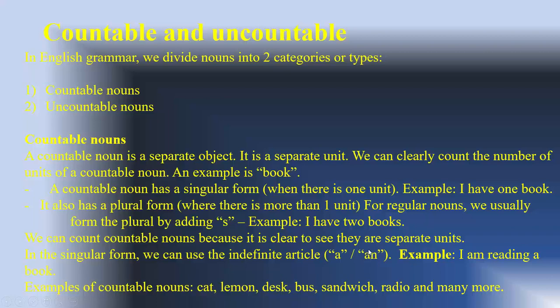But we use an usually before a noun that starts with a vowel letter: A, E, I, O, U. Examples of countable nouns: cat, lemon, disc, bus, sandwich, radio, and many more. These can all be preceded by a: a cat, a lemon, a desk, a bus.